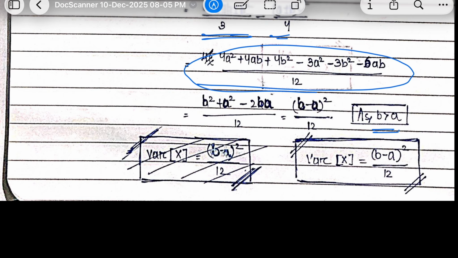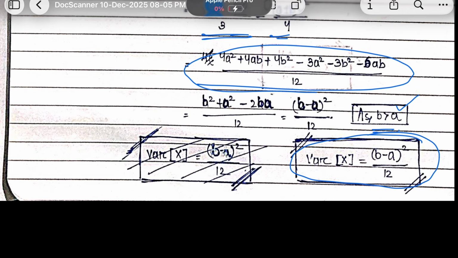As b is greater than a, we get the variance with b minus a whole square, and the expectation here is b plus a by 2.